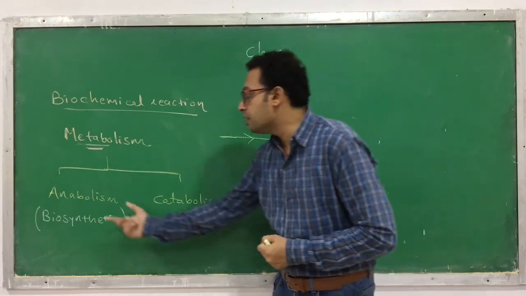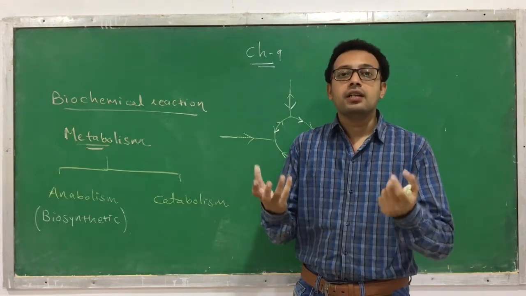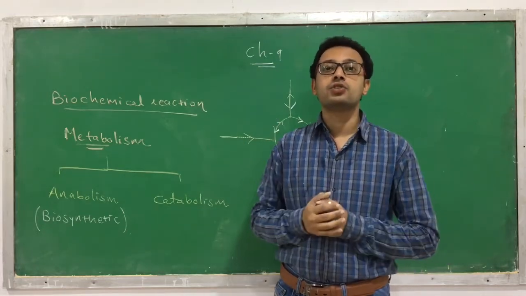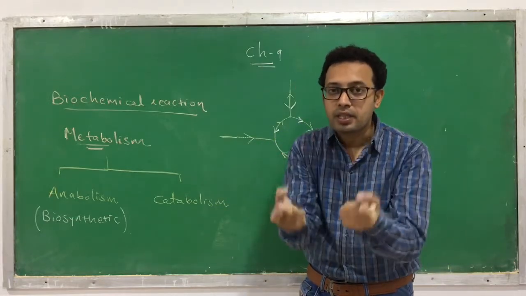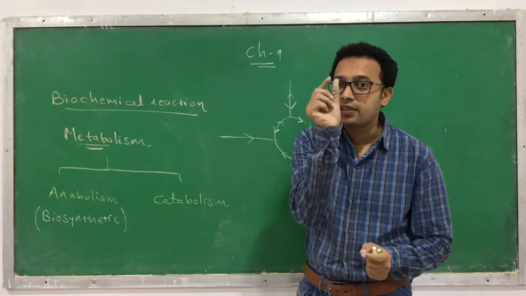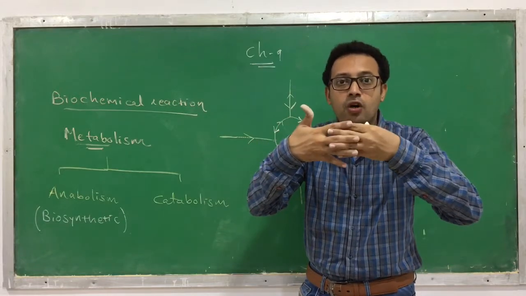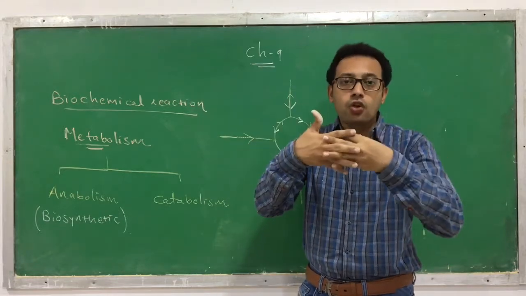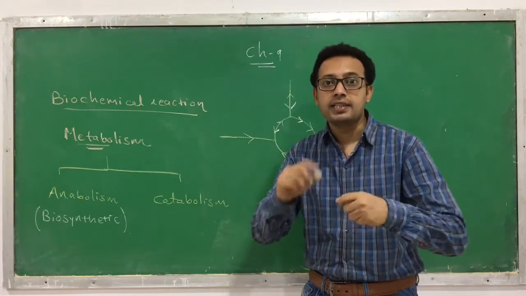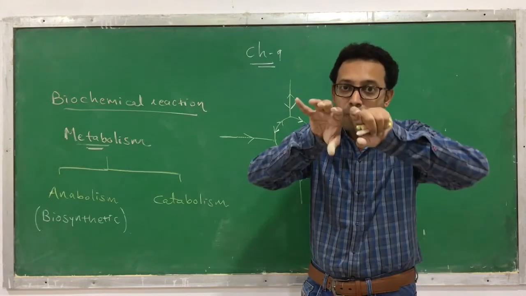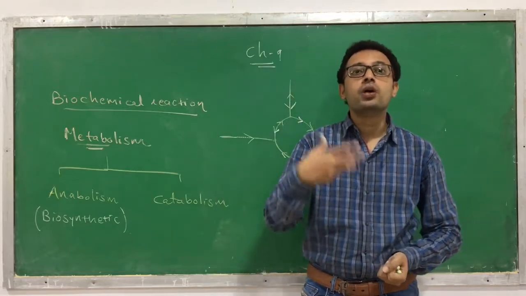When a new molecule is formed, there is utilization of energy. To make a bond, to join or link, it needs energy, so energy is utilized and stored in the form of a bond. When the bond gets broken down, the energy is liberated, and that is used to do work.